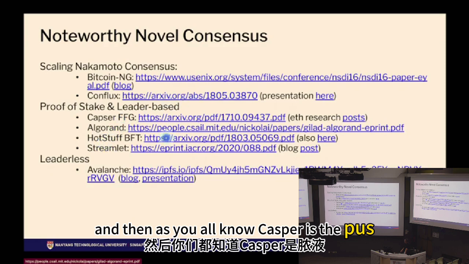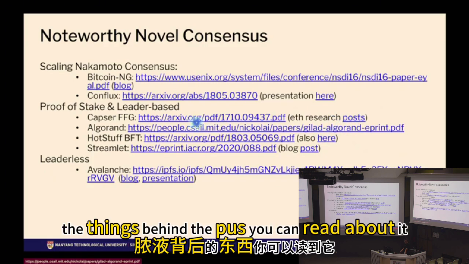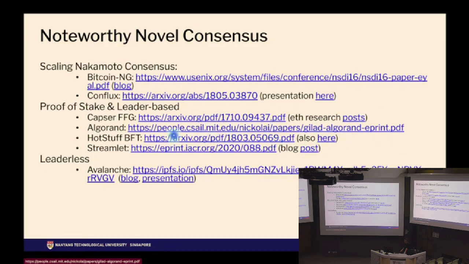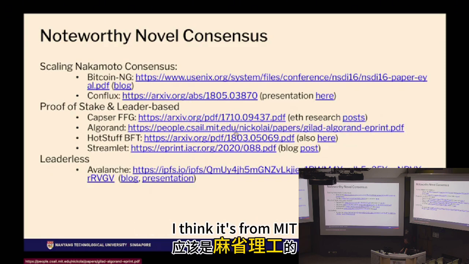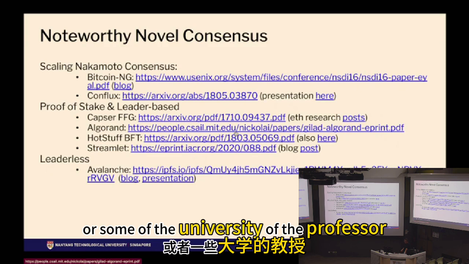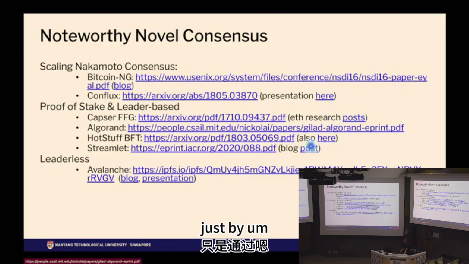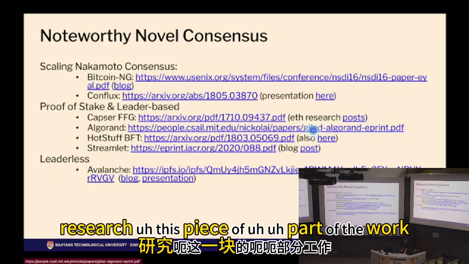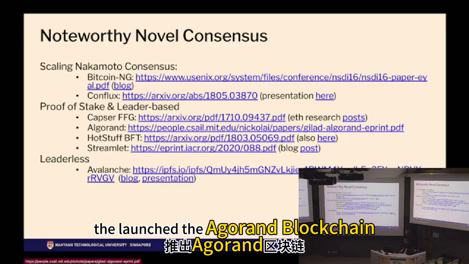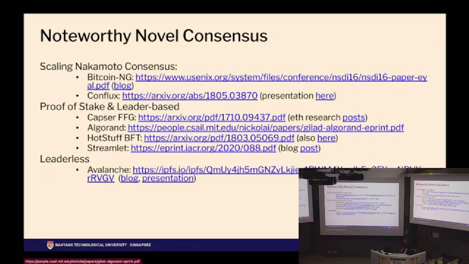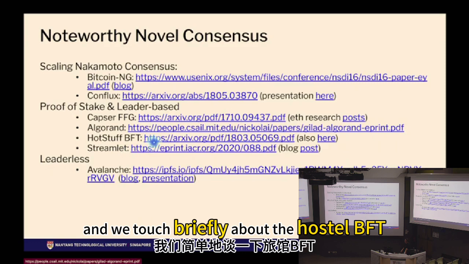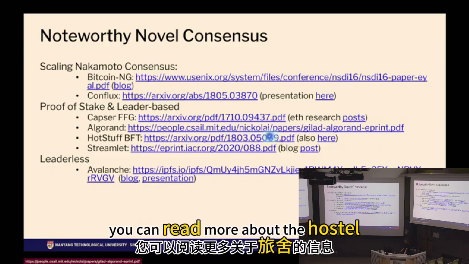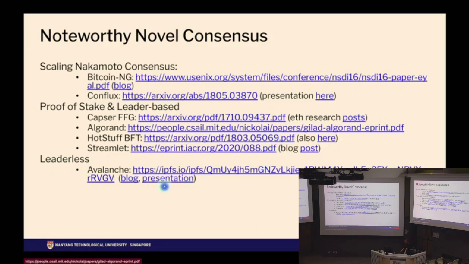Then, as you all know, Casper is the PoS, the thing behind the PoS, and you can read about it. Algorand is also very interesting. I think it's from MIT or some university, where a professor researched this part of the work and they launched the Algorand blockchain. We touched briefly on HotStuff BFT, and you can read more about HotStuff.